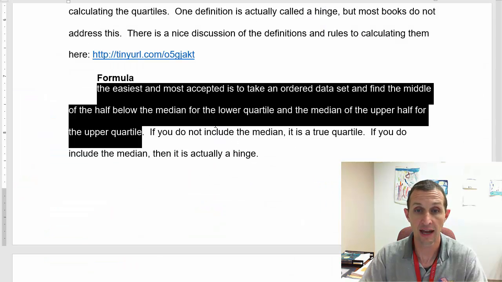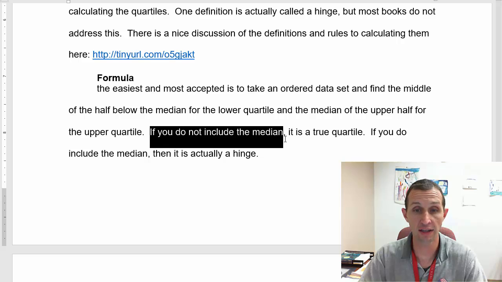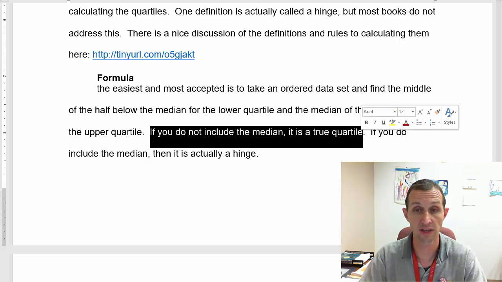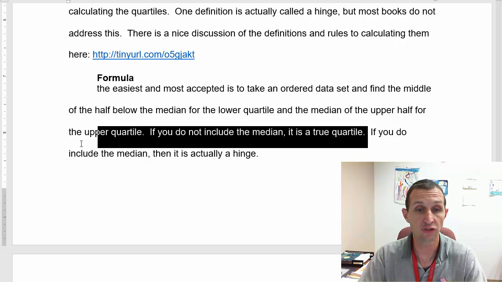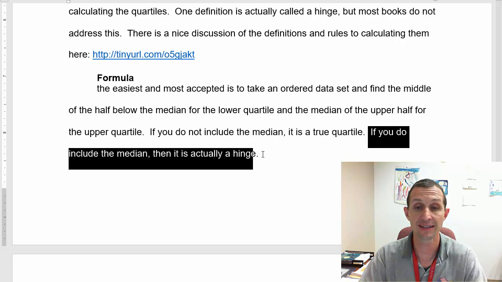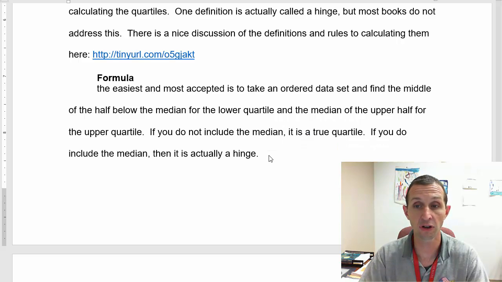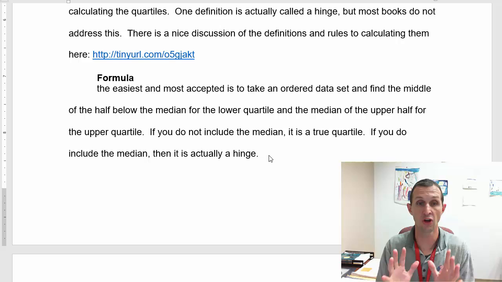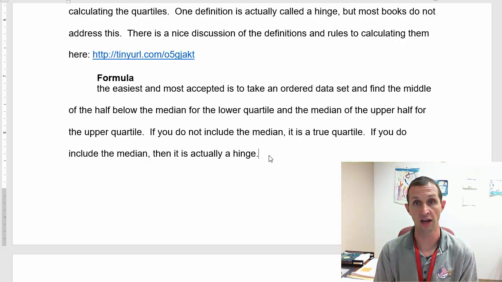You're just doing that. Now, if you do not include the median, that's a true quartile. Okay, so I calculated true quartiles. If you do include the median, then it's actually a hinge. Okay, it's just a different word so that statisticians know whether you're including the median or you're not.